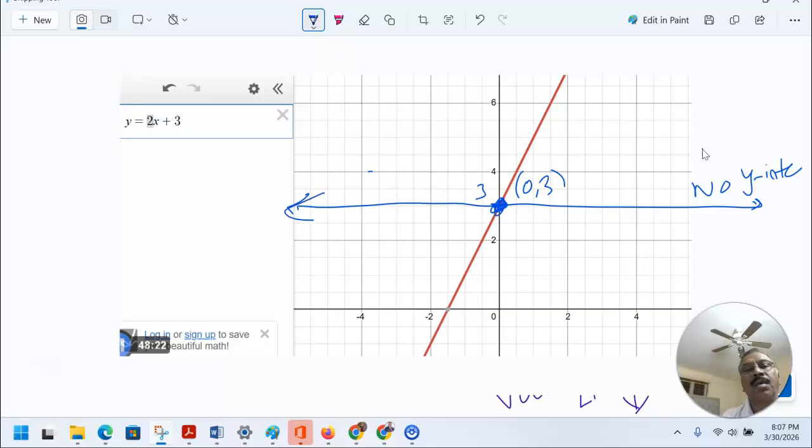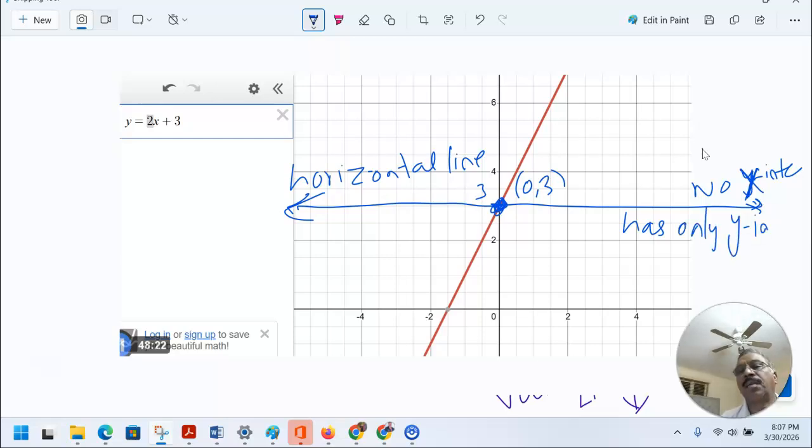So the horizontal line has only the y-intercept, because it goes through this point.